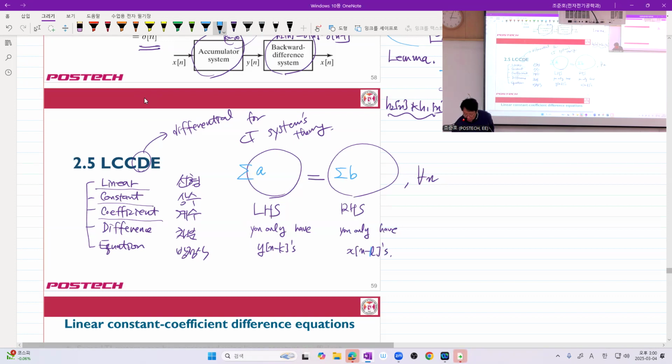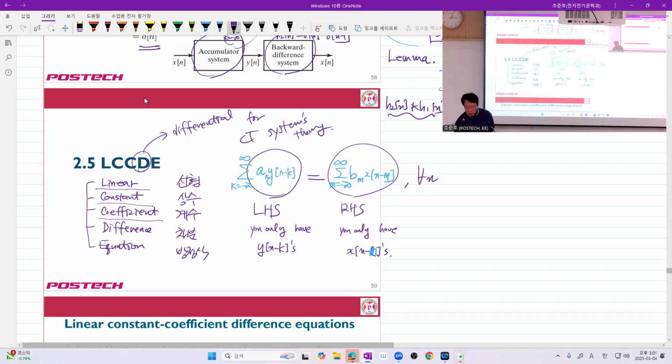Okay, k and m. So this is a general form of a linear constant coefficient difference equation.